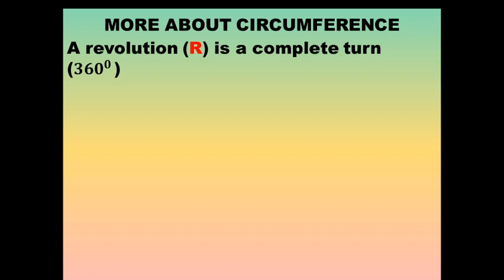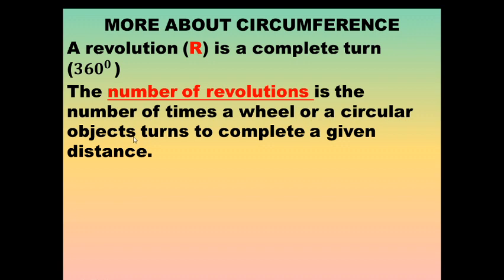We shall continue from there to relate a revolution to the circumference. But before that, the revolution goes hand in hand with numbers. The number of times the wheel rolls, or the number of times it turns, is what we call the number of revolutions.